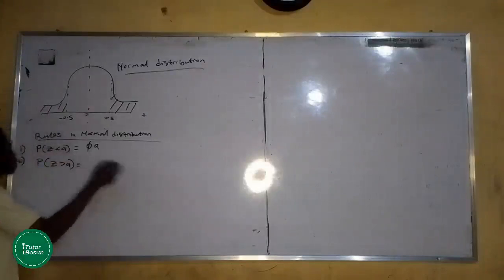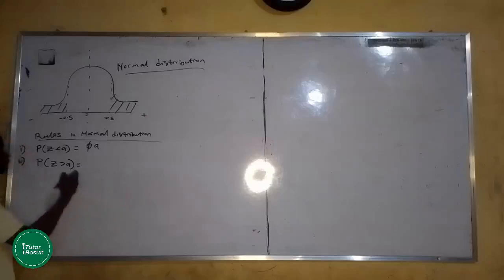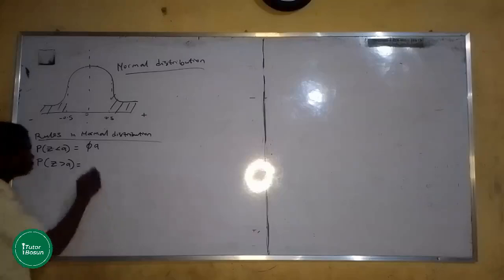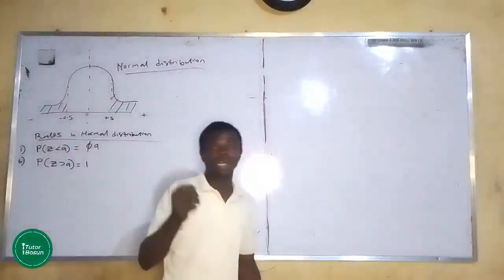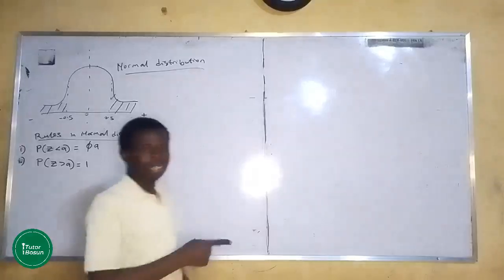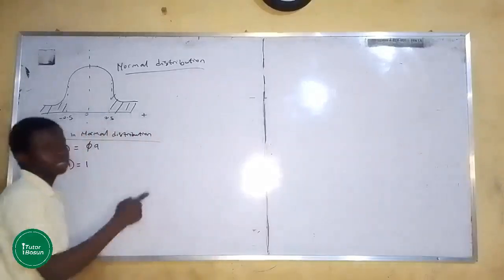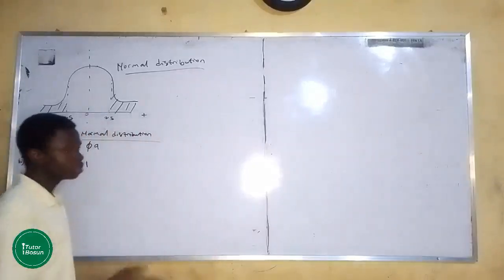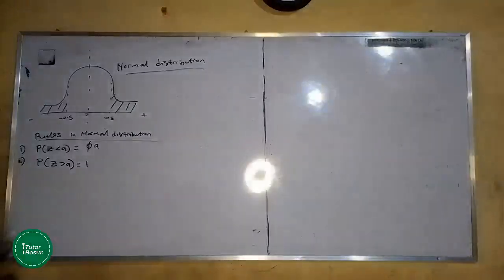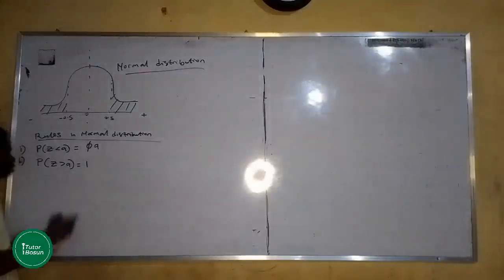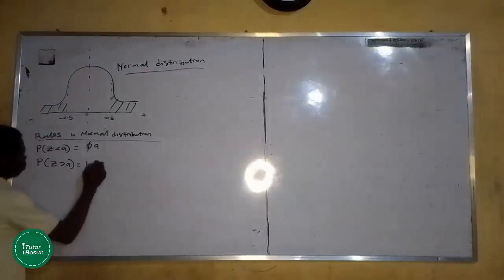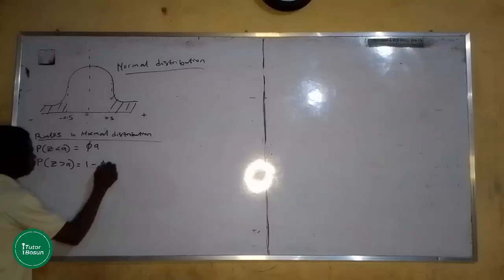You simply subtract from 1. While in binomial and Poisson distribution, you look for the number immediately less than that number, then you subtract that from 1. But in this situation, you are still using the same number, that is a. That will be 1 minus Φ(a).